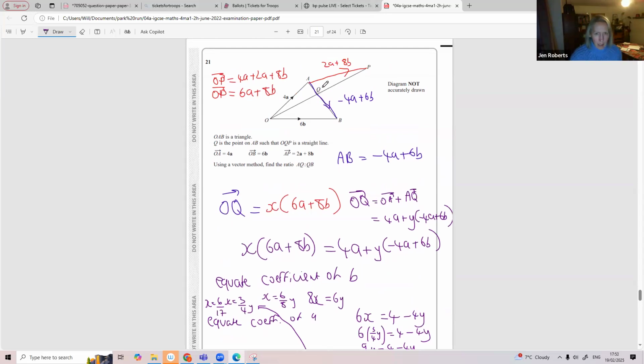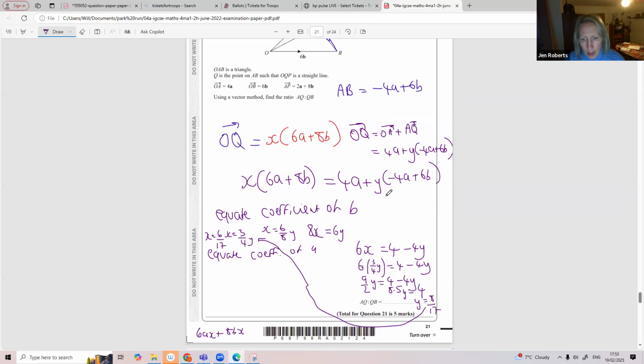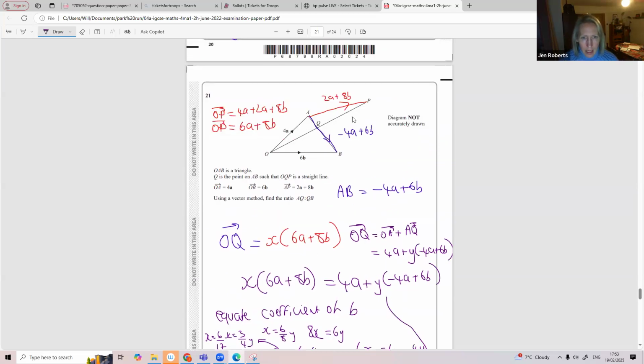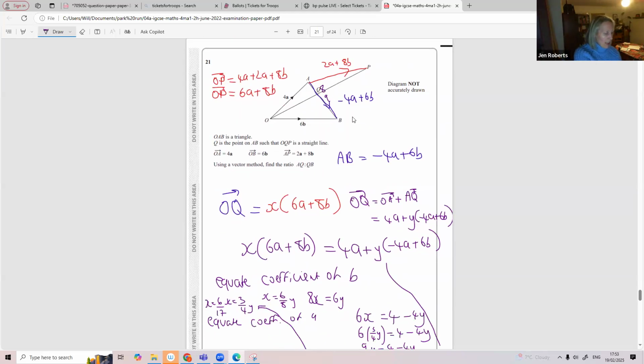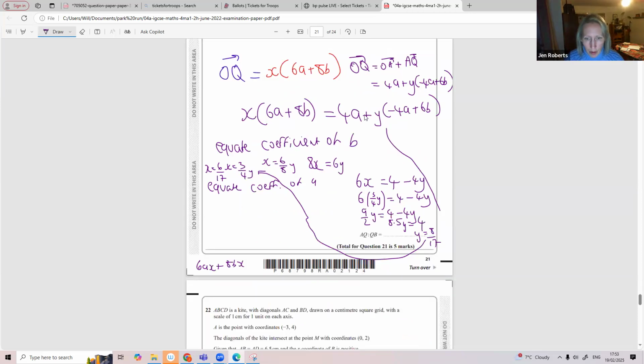Because it's Y which is telling me we want AQ to QB. And Y is 8/17 of the way along. So if that's 8 out of 17, it gives you 9 left over. So can you see it'd be 8 to 9? Let me just check that though. It's quite a tricky question there. Yeah, 8 to 9 is your ratio of AQ to QB.